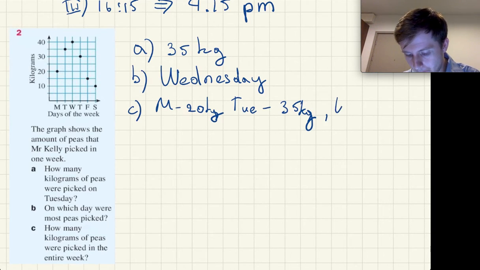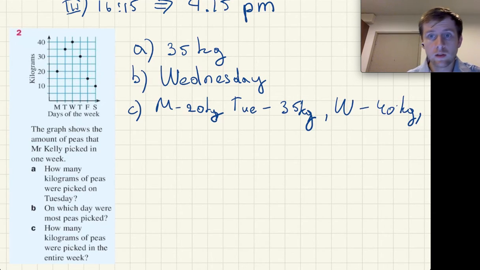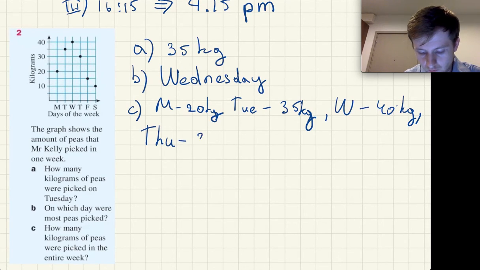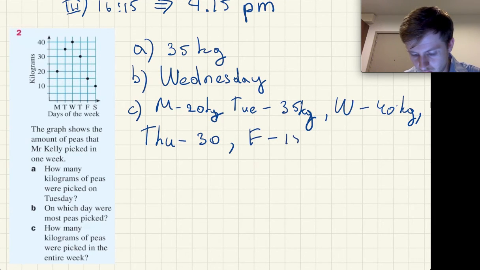Wednesday there's 40 kilograms. Thursday there is 30. Friday there is 15 kilograms, and Saturday there is 10.